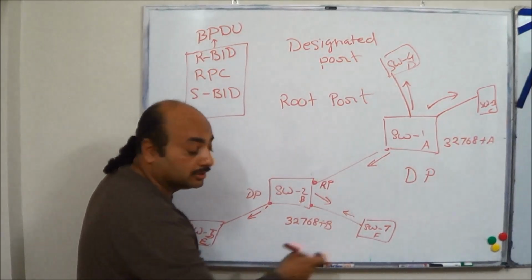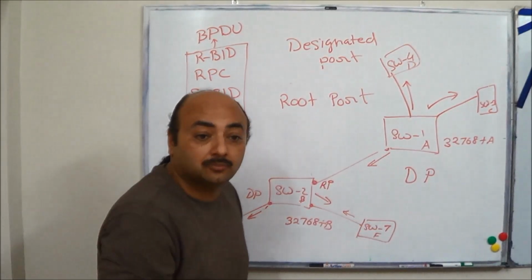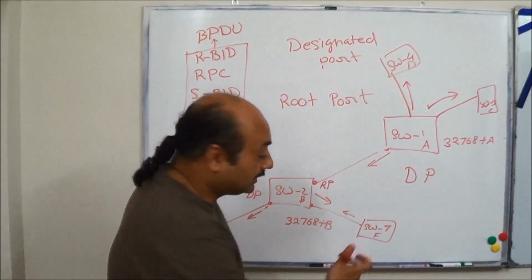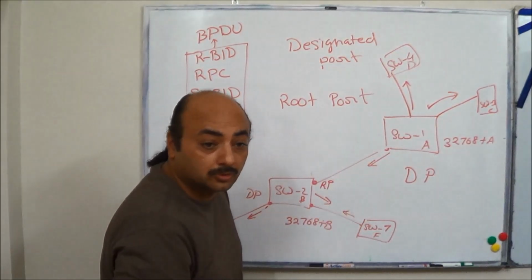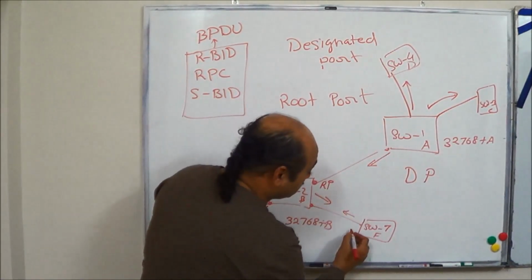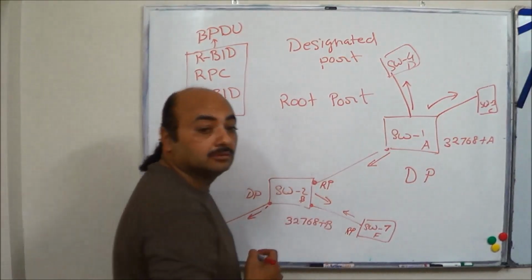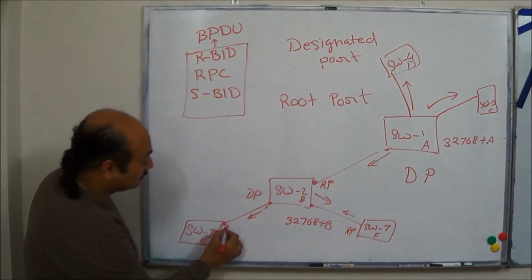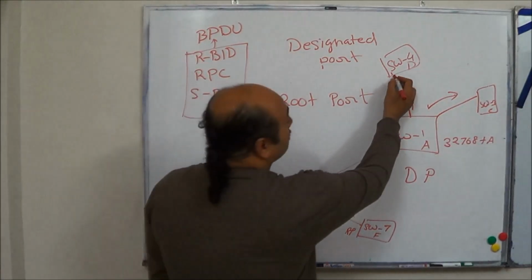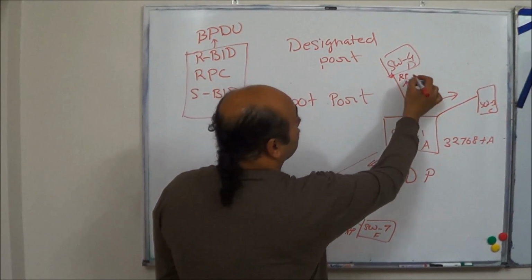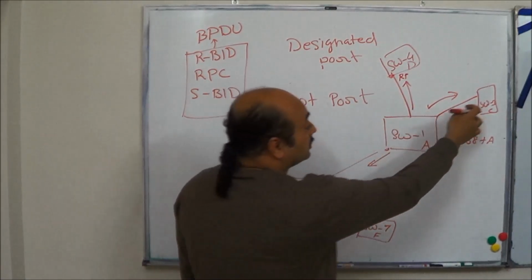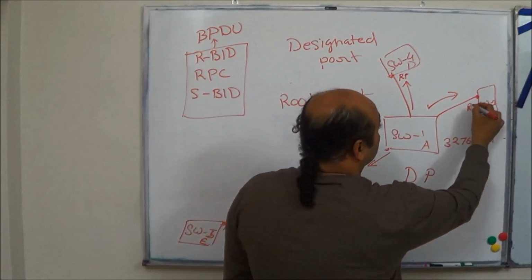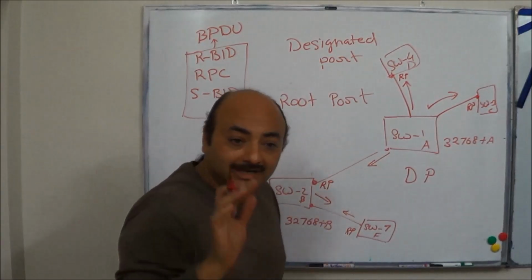On this switch, how many ports are there? Only one, and that is the only port towards the root bridge. This is the root port. For this one. So let me repeat.